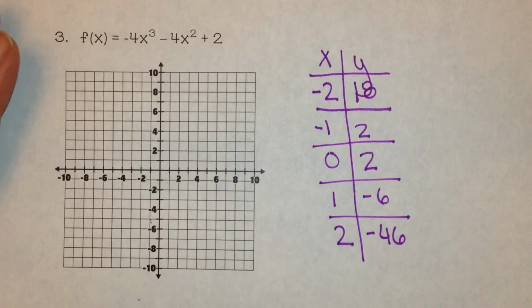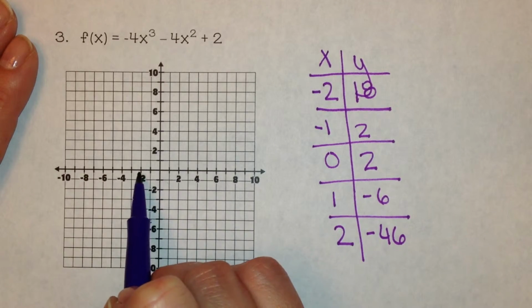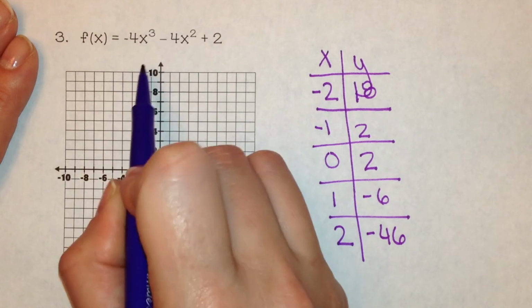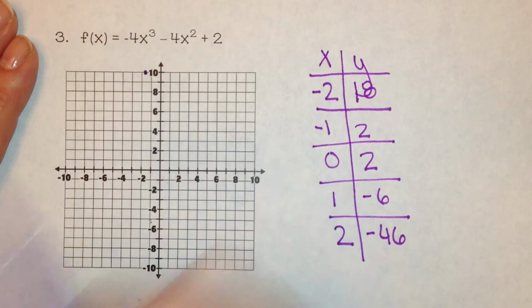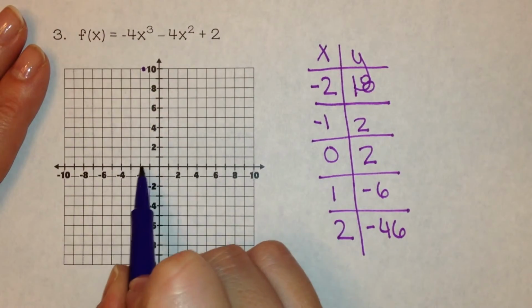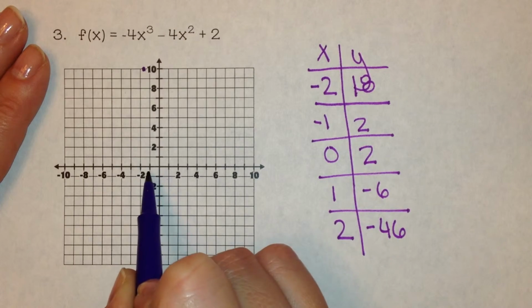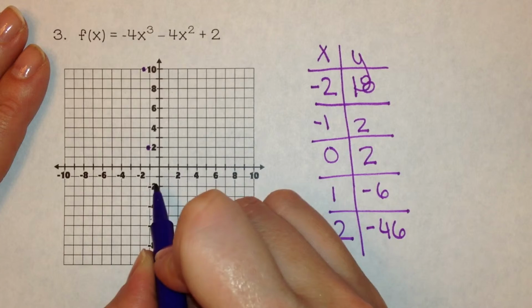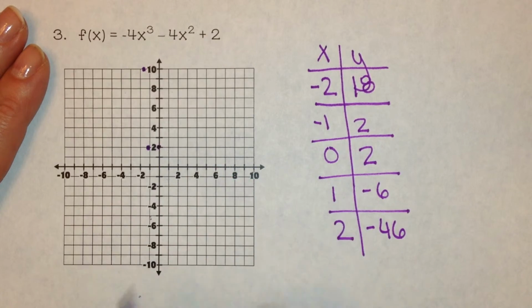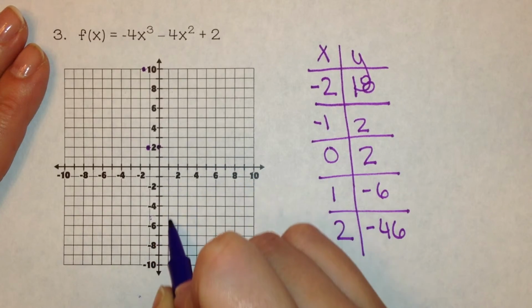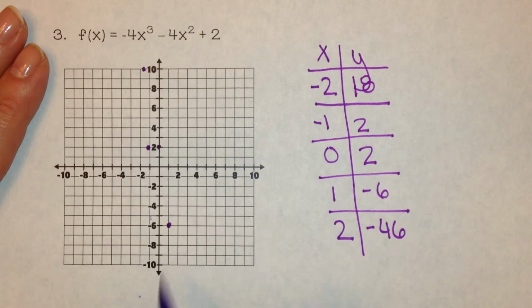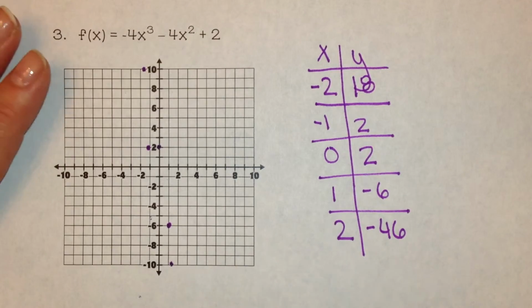So then I'm just going to graph. Well, when x is -2, y is 18, so it goes off way up here, so I'm going to say it's potentially going to go through about there. So before I get to -2, when x is -1, y is 2. When x is 0, y is 2. When x is 1, y is -6. And when x is 2, y is -46, goes way down there, so I'm going to say it's about there.